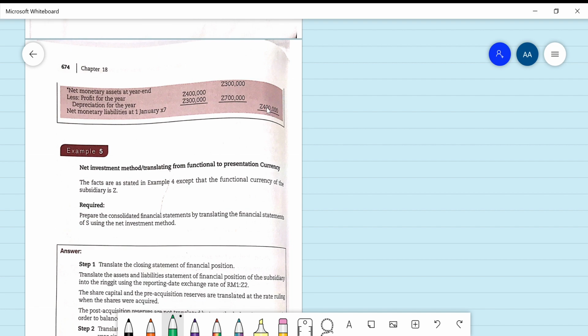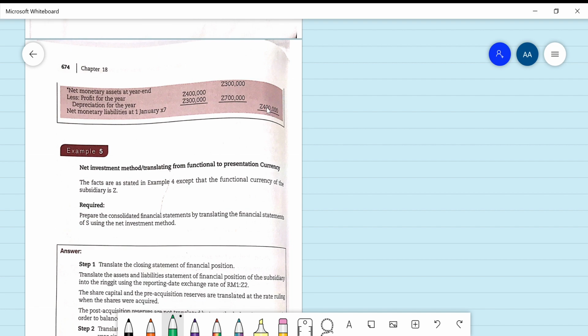Okay, so look at example 5, net investment method, whereby translating from functional to presentation currency. We are using the facts of example 4, except that the functional currency of the subsidiary is Z. You are required to prepare the consolidated financial statements by translating the financial statements of S using the net investment method.